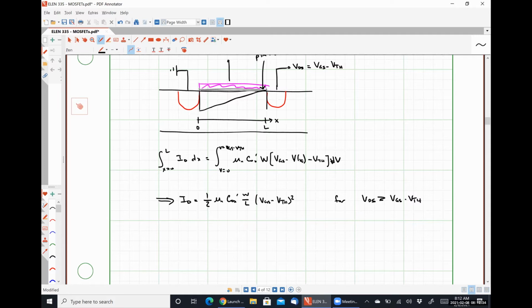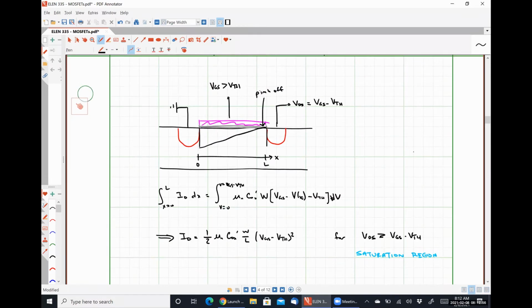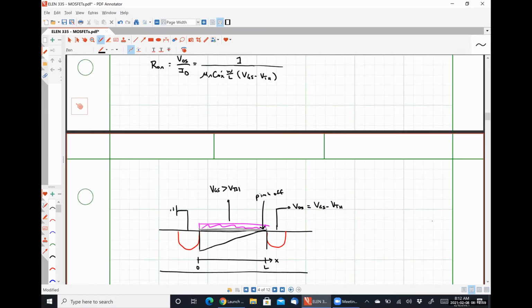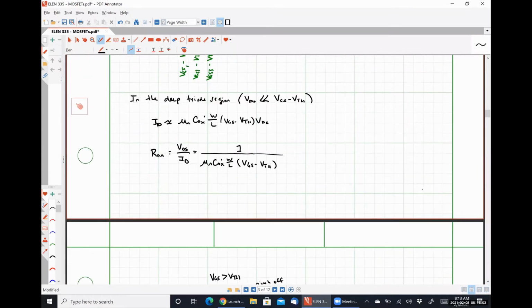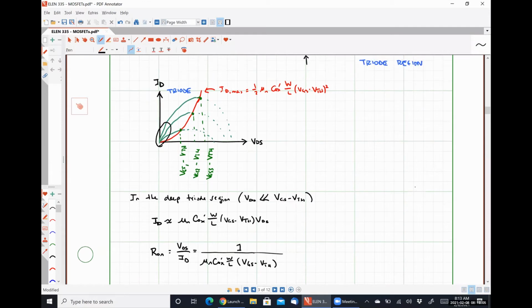So this equation defines how our device behaves in the saturation region. It should be intuitively obvious why it's true if we understand what saturation means: an increase in VGS does not create a subsequent increase in ID.